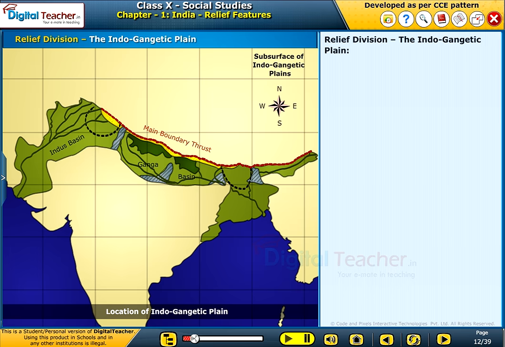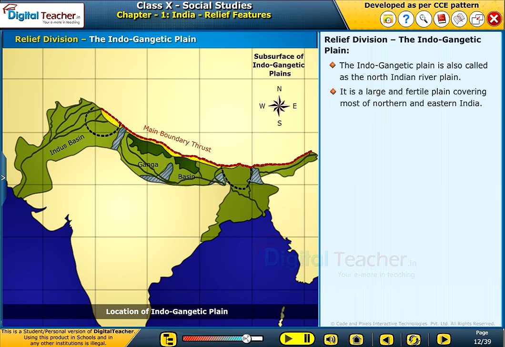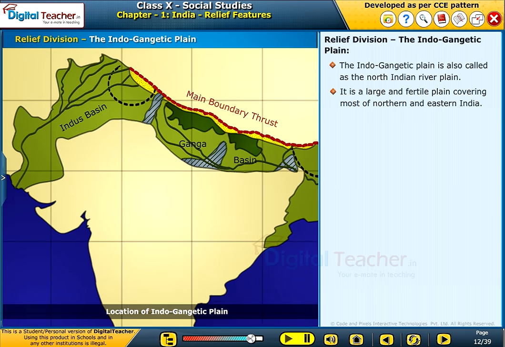Now, let us discuss another important relief feature of India, that is the Indo-Gangetic Plain. The Indo-Gangetic Plains is also called as the North Indian River Plain. It is a large and fertile plain covering most of northern and eastern India.